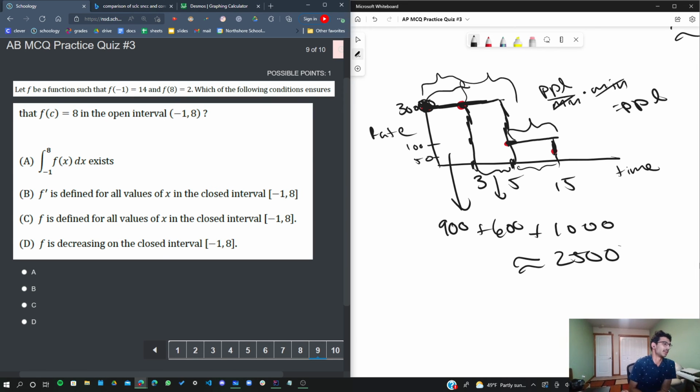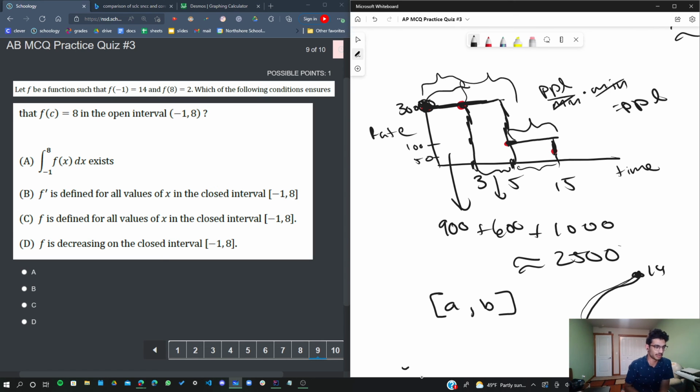this is a condition. It's like if f is defined for all values between like a and b, it's like continuous, and then you have one value like a is equal to 14 and then b is equal to 2, then a value in between 2 and 14 must be possible, right? And if you think of it something like this, if it's continuous, if you have like 2 and 14, you're traversing through every possible value between 2 and 14 if it's continuous.